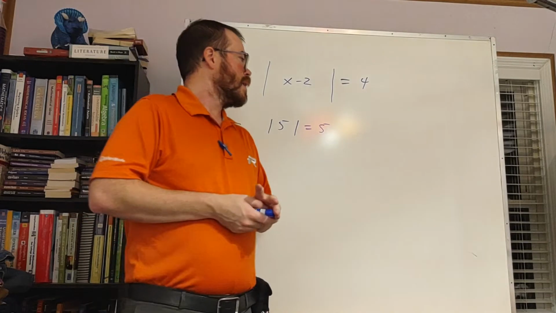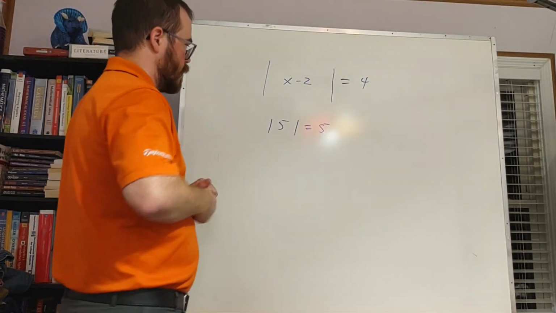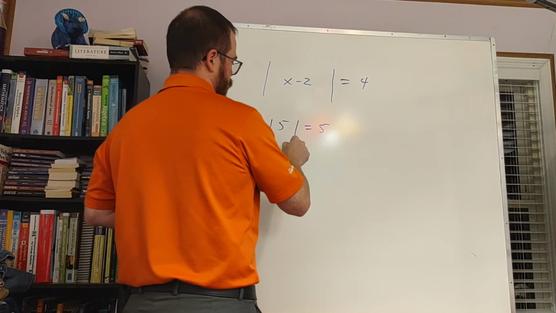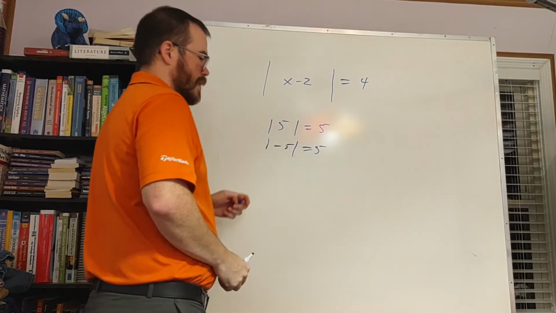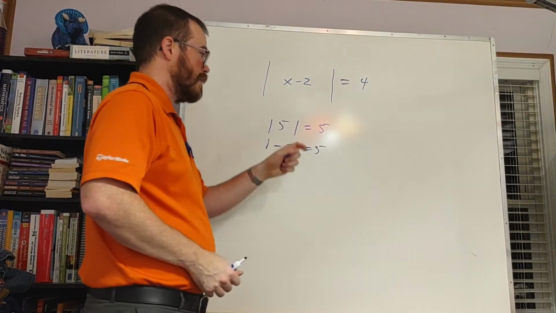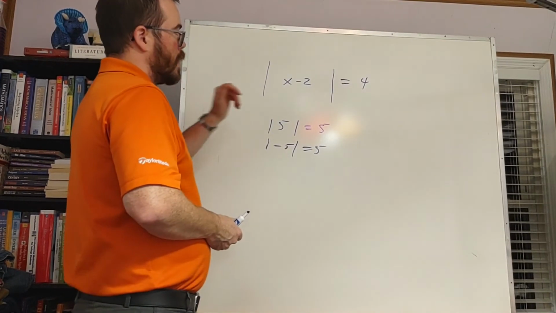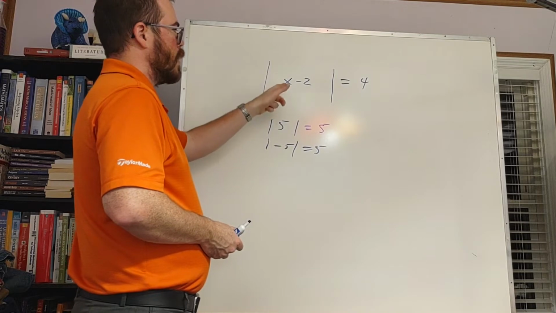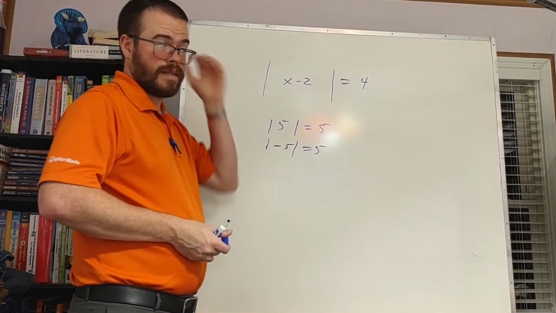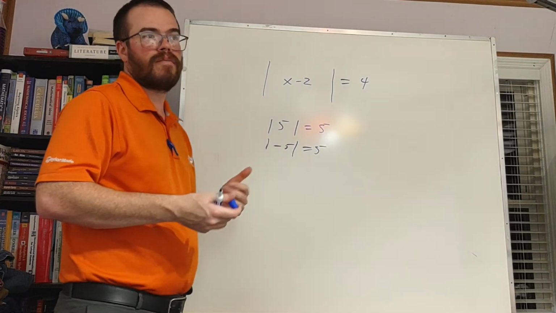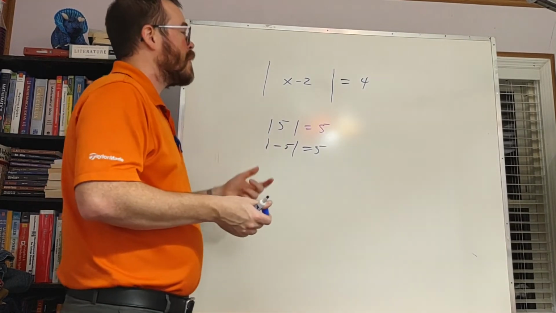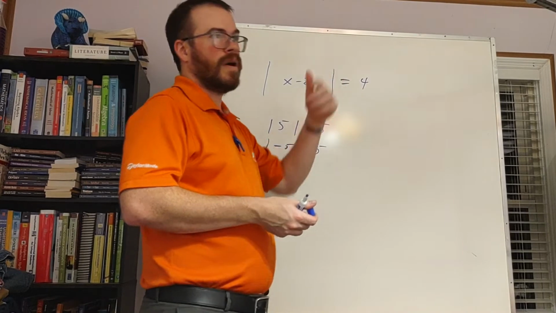If we said the absolute value of negative 5, that's going to be positive 5, just the same as taking the absolute value of 5. If we apply it to this equation, it doesn't matter what x is, negative or positive. If I subtract 2 from it, that maybe gives us a negative, maybe a positive, but it will always be positive 4.